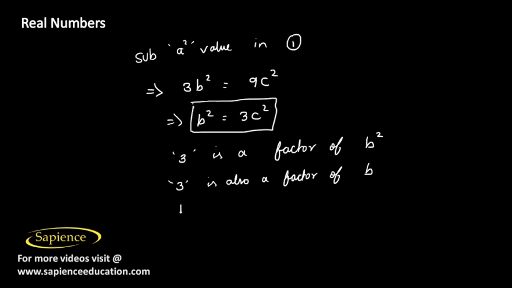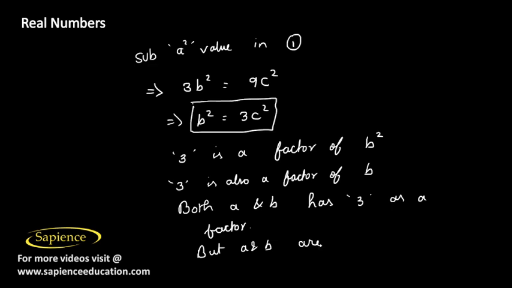Now again, both a and b have 3 as a factor. But a and b are supposed to be co-prime numbers.